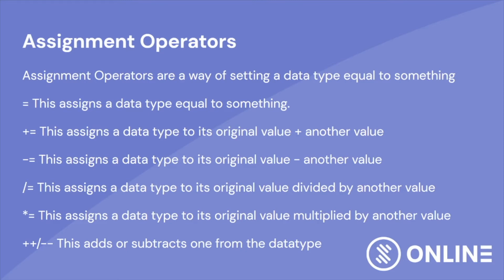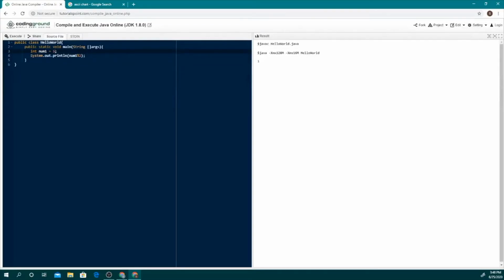Like we used in this other example, num1 equals 5. The data type on the left side will now take the value of the data on the right side. So in this case, num1 is assigned 5. We've already dealt with this before.